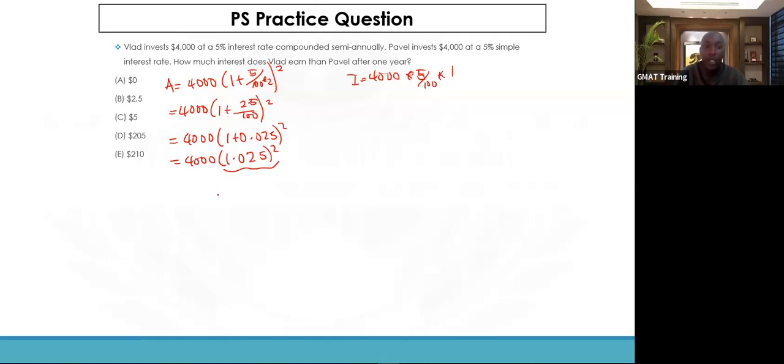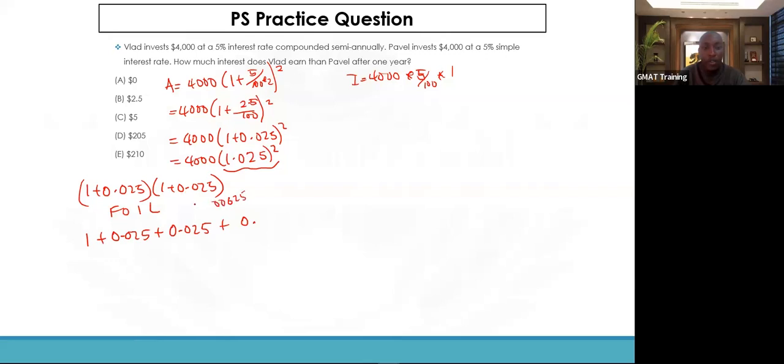Expanding 1 plus 0.025 squared, we have 1 plus the outer terms 0.025, the inner terms 0.025, and for the last terms 0.000625, with 6 decimal places.